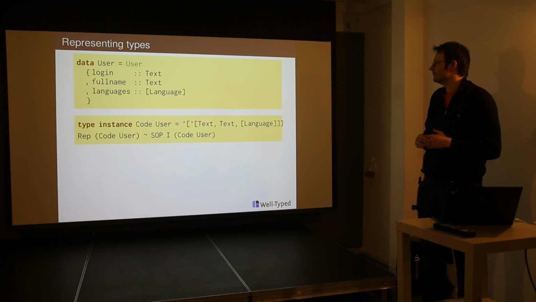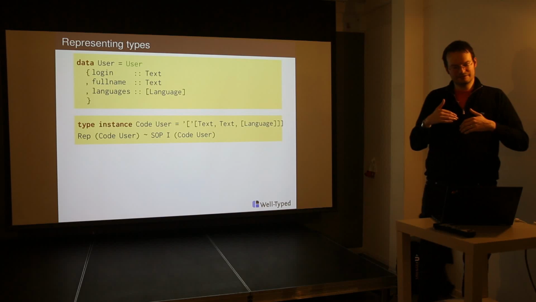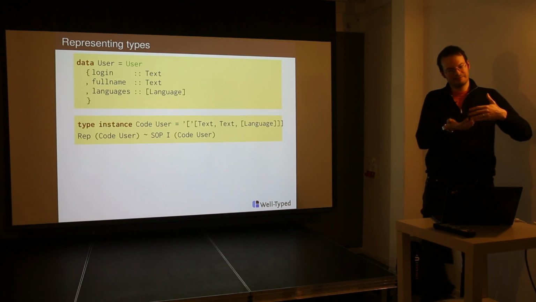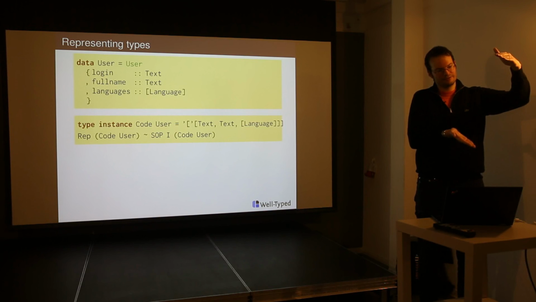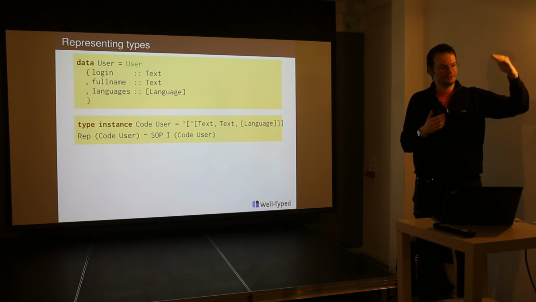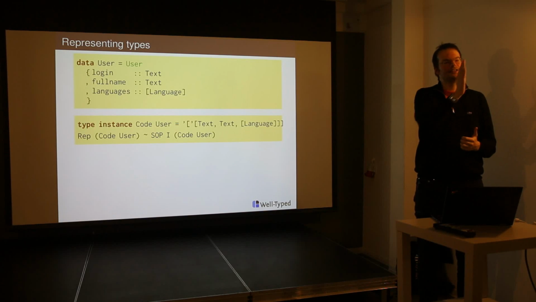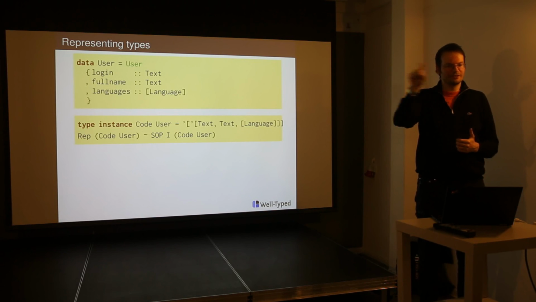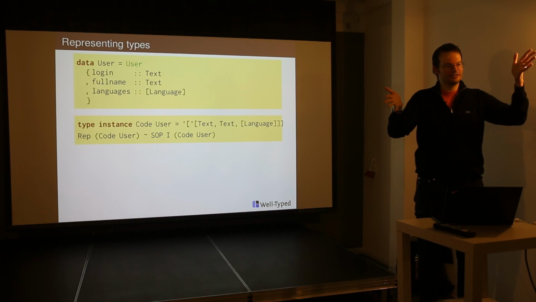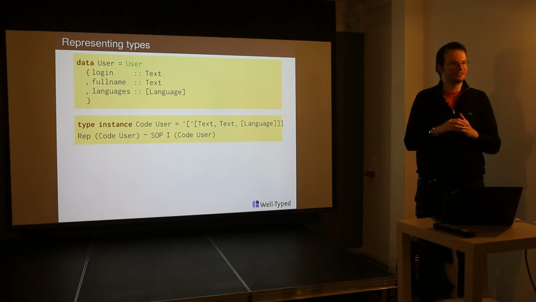If you think about what the structure of a data type is, a data type essentially is a choice between different constructors, and you can think of every constructor as one line, and every constructor has a number of fields, and the fields you write in one line. So if you drop all the names, you essentially have a two-dimensional matrix of types.